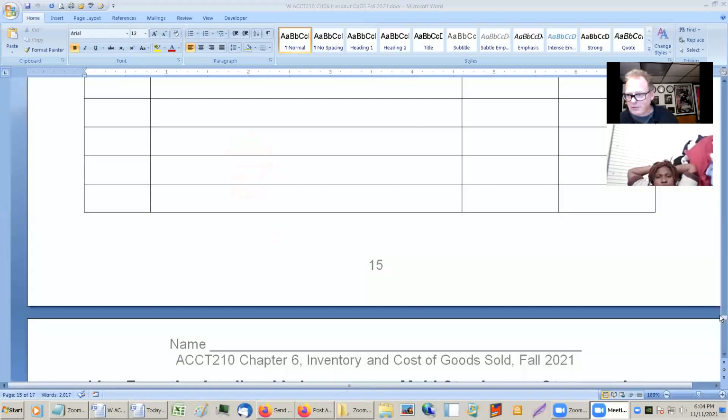All right, so what we're gonna do, let's pull up the chapter 6 handout if you haven't already, and I will do the same. Oops, that's not it. Well, I gotta do something. I got a clock here that's supposed to be a silent clock, but I don't know if you guys can hear it or not.